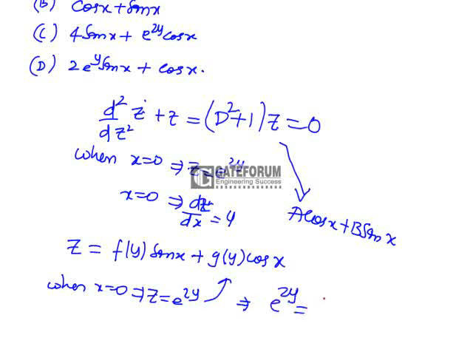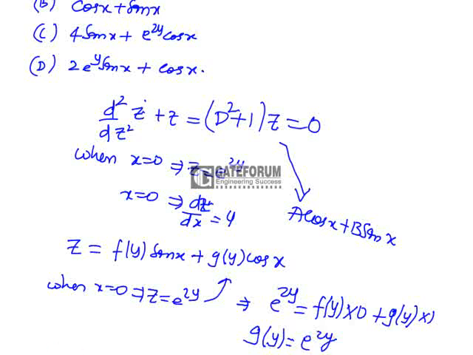So e power 2y is equal to f of y into sin 0 is 0 plus g of y cos 0 is 1. So I can write from this g of y is equal to e power 2y.